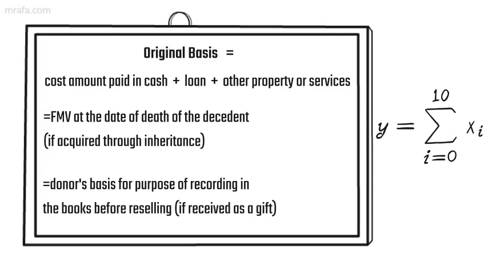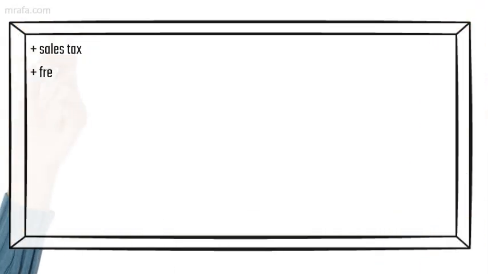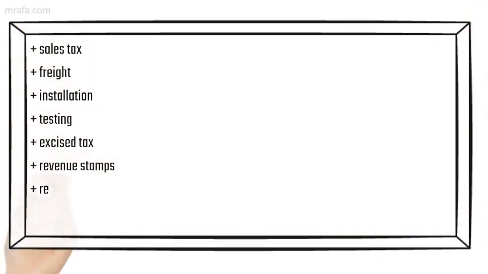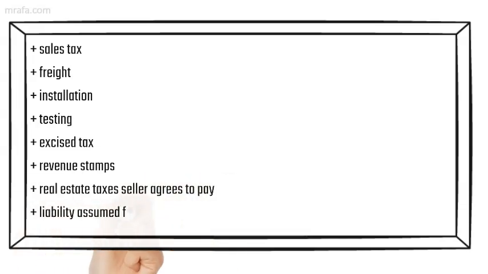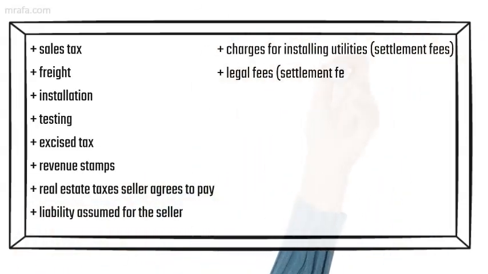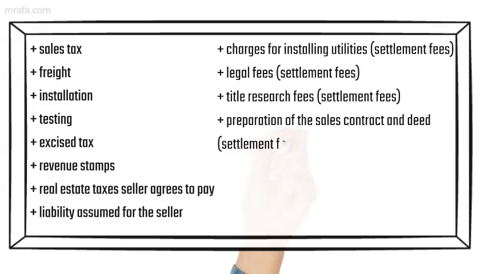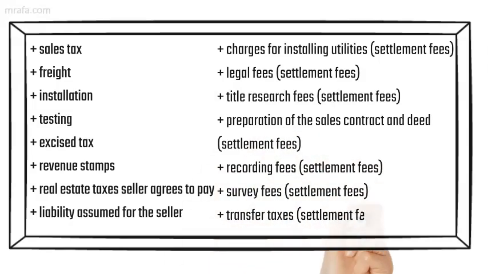Okay, and then once you have that cost, you add the sales tax, freight, installation, testing, excise taxes, revenue stamps, real estate taxes that the seller agrees to pay, liability assumed for the seller, charges for installing utilities, settlement fees.